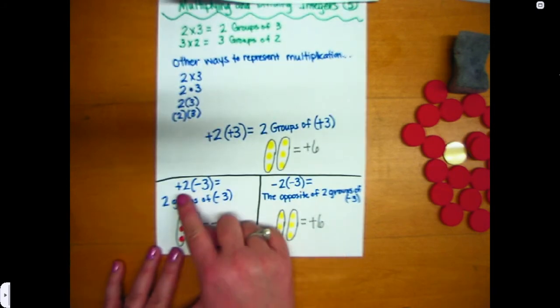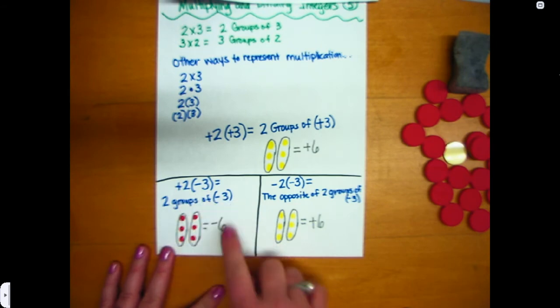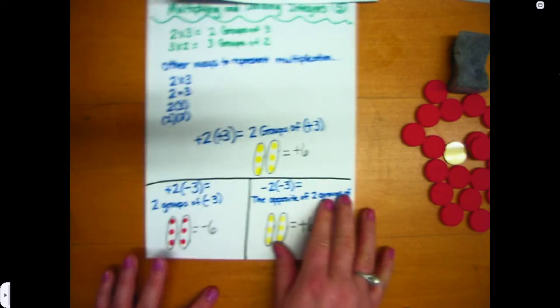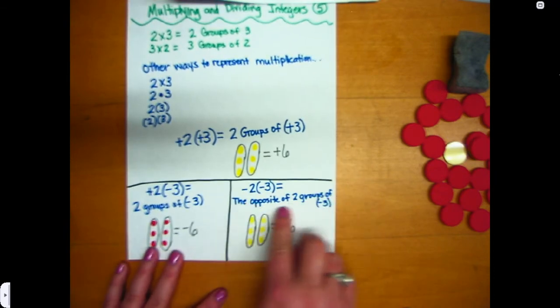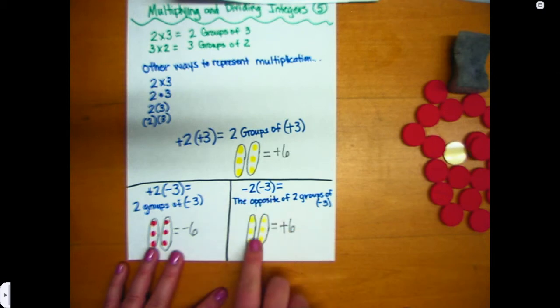If you have two groups of -3, that is equal to -6. And this is probably the most important to remember: if you have a negative on the outside, then that means the opposite of two groups of -3, which means you would flip your counters and make them positive. So two groups of +3 is +6.